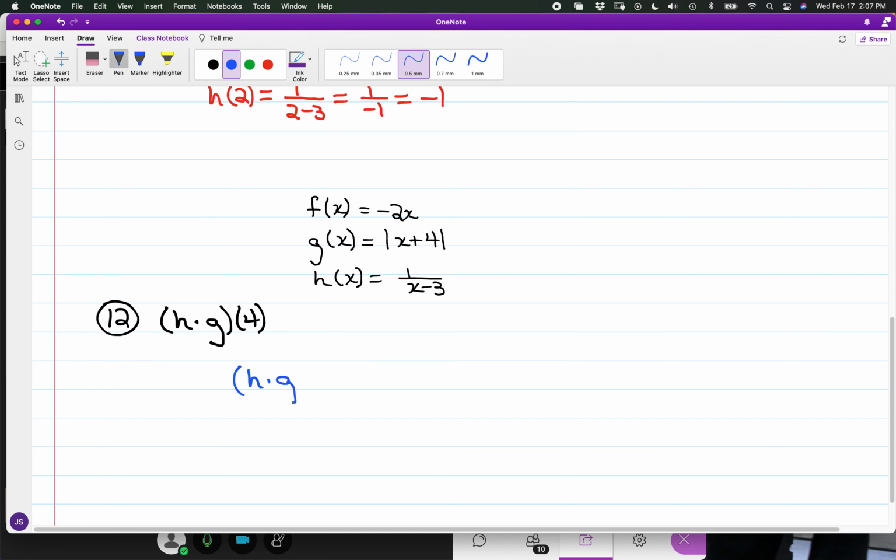Okay, again, just for the setup here, if I take the general case, in other words, apply the expressions in x before the number, so you have h times g of x. So this will be h of x times g of x. And h of x, we have 1 over x minus 3.